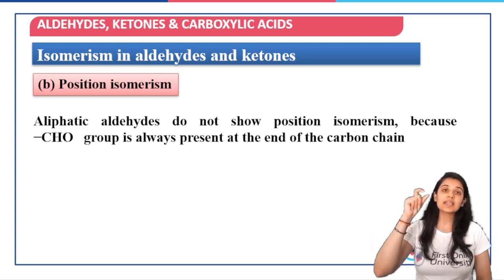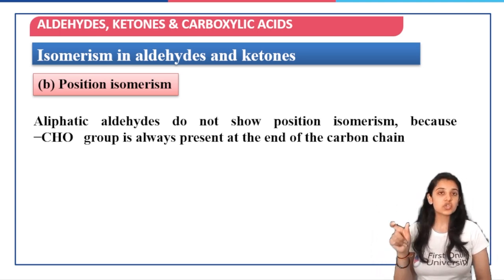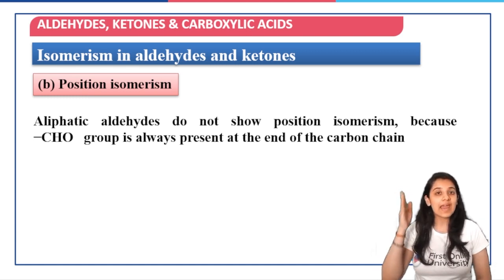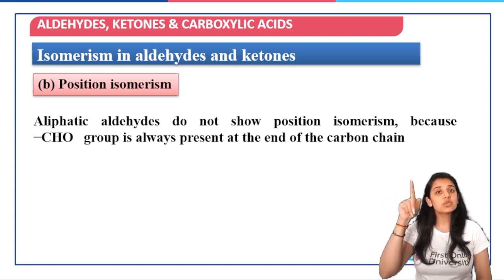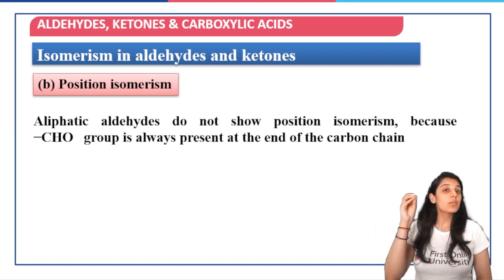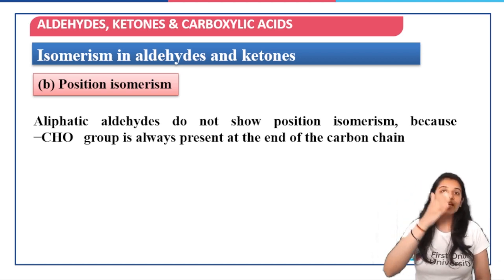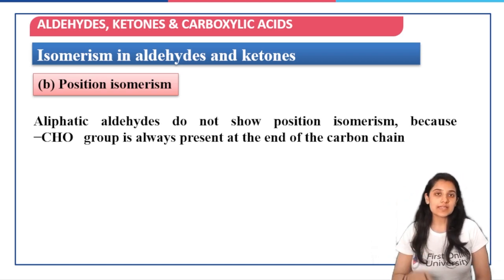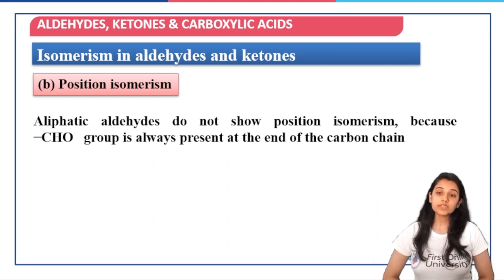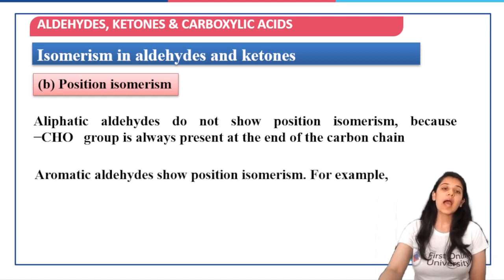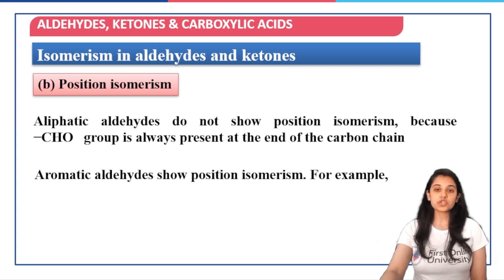Now, since in case of aliphatic aldehydes, the CHO group will always be towards the end of the chain, or you can say towards the beginning of the chain, we can never have its position getting changed. So it will not exhibit position isomerism. Therefore, aromatic aldehydes are able to show position isomerism.